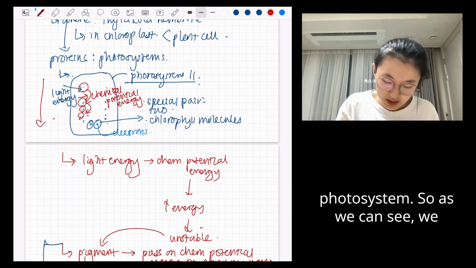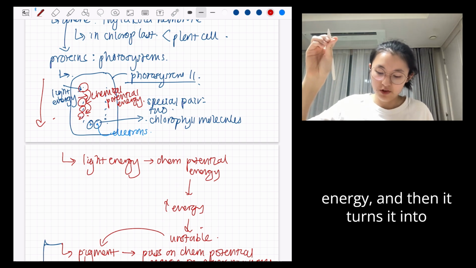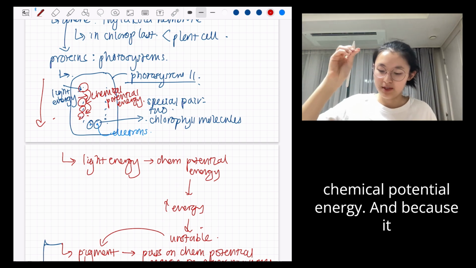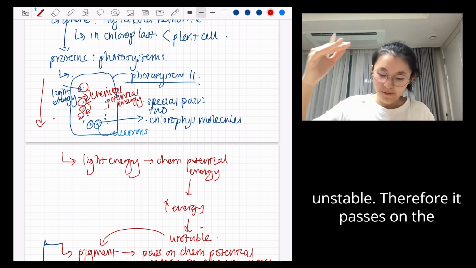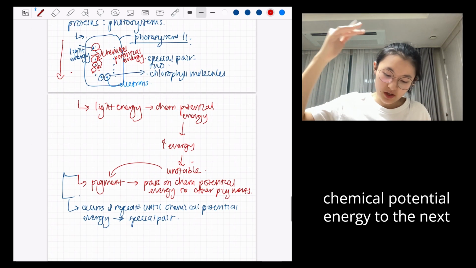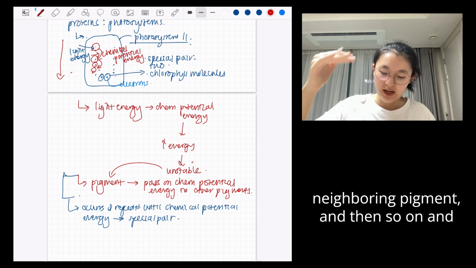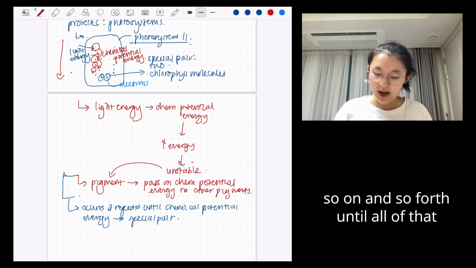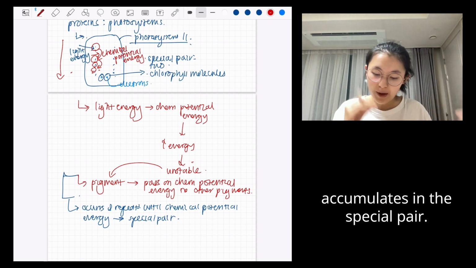So as we can see, we start with the top pigment, which absorbs a lot of light energy, and then it turns it into chemical potential energy. And because it has so much energy, it's going to become unstable. Therefore, it passes on the chemical potential energy to the next pigment, which passes it on to the neighboring pigment, and so on and so forth, until all of that chemical potential energy accumulates in the special pair.